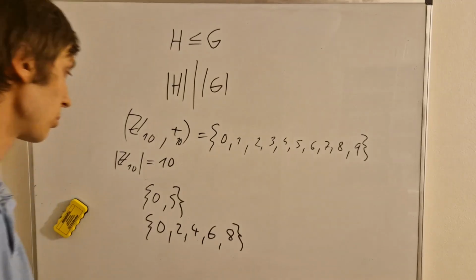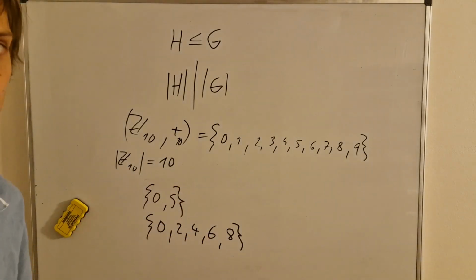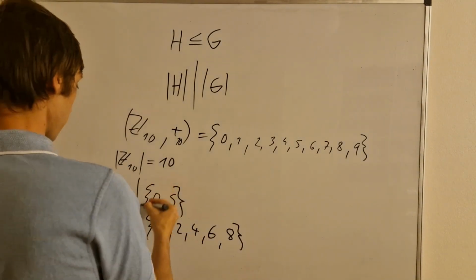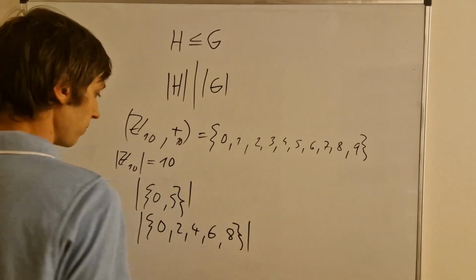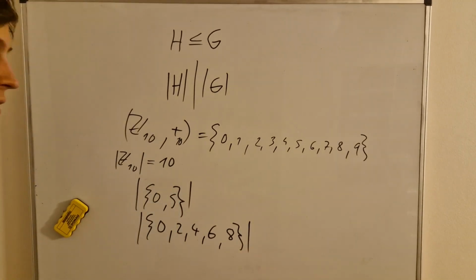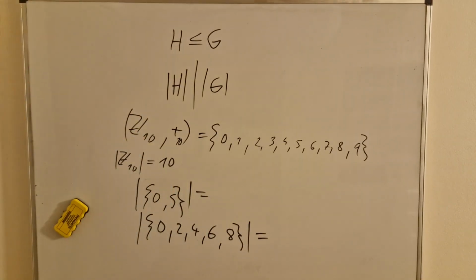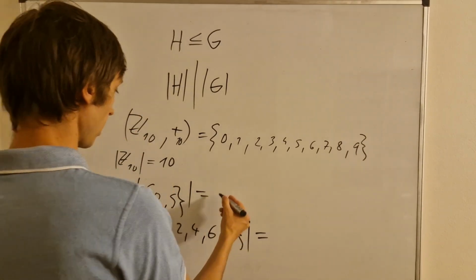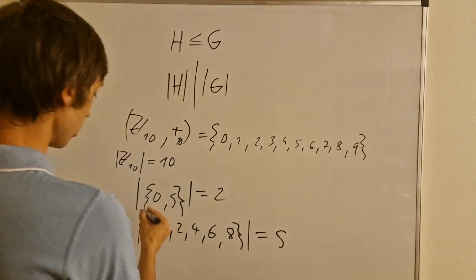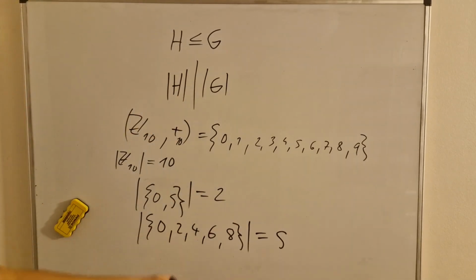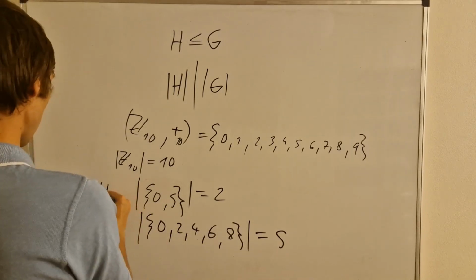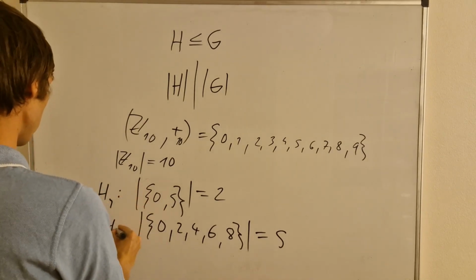Here we just look at the Lagrange theorem. We're just reminding ourselves of Lagrange theorem from this exact example. There's not much of a further goal for us here. Now, I just put these bars around the sets, right? Both of these are subgroups. Let's say this is H1 and this is H2.